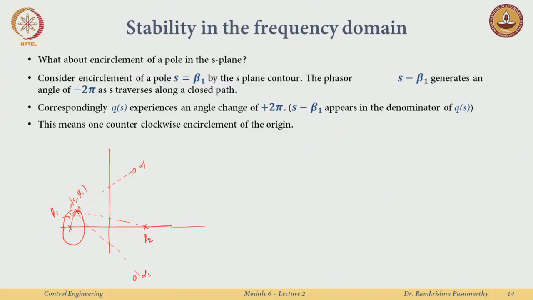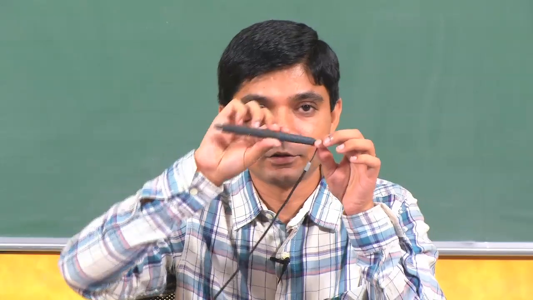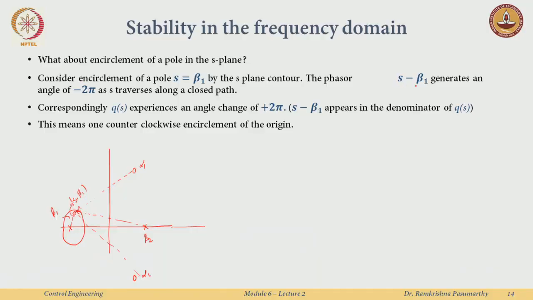Okay, what is beta 1 doing? Beta 1 is in this position, and it goes all the way around. The phasor S minus beta 1 traverses an angle of minus 2 pi as S traverses along a closed path. Therefore Q(S) will now have an angle change of plus 2 pi, because S minus beta 1 occurs in the denominator.